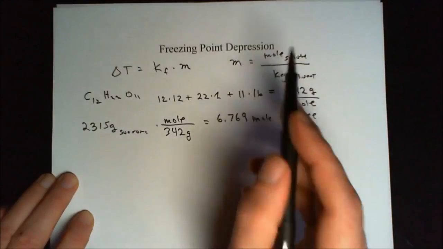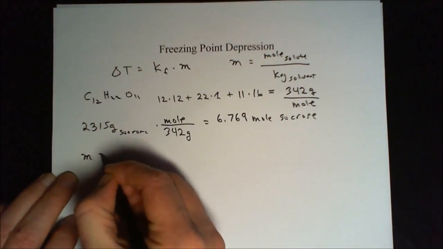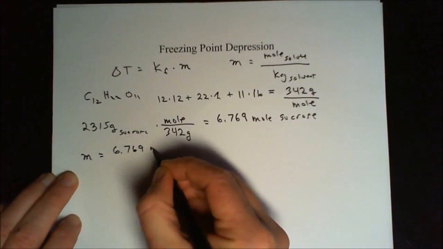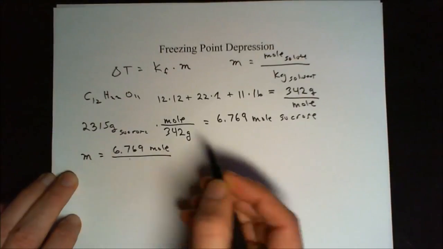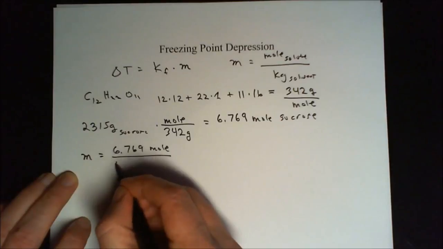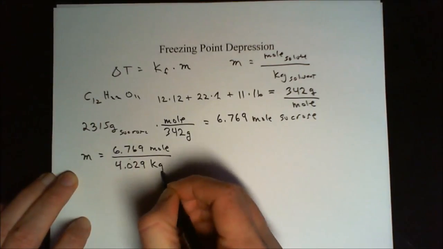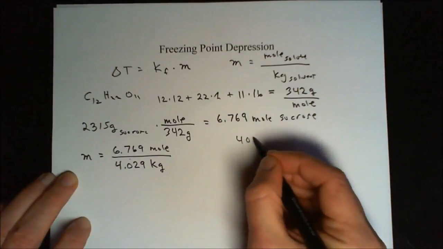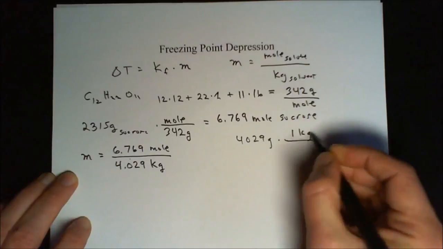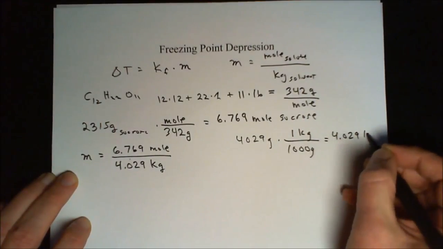So we're almost there as far as calculating the molality. And the molality, put it all together, is going to be the moles we just found divided by the mass of the water, which is 4.029 kilograms, recalling that we started out with 4,029 grams, and that's 1 kilogram per 1,000 grams, which equals 4.029 kilograms.